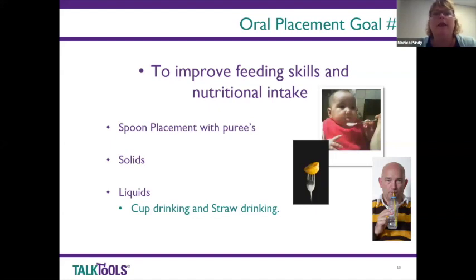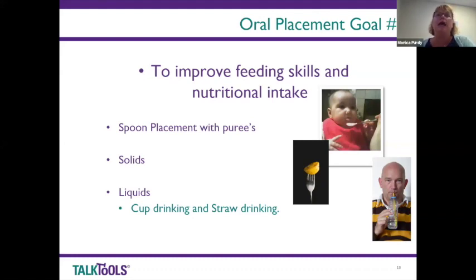Sippy cups are nothing more than a grown-up bottle. That's all they are. And a lot of times people say, well, my child drank from a sippy cup and they're fine. We're not talking about children that have appropriate muscle skill. We're talking about individuals who may have difficulty or have muscle weakness.